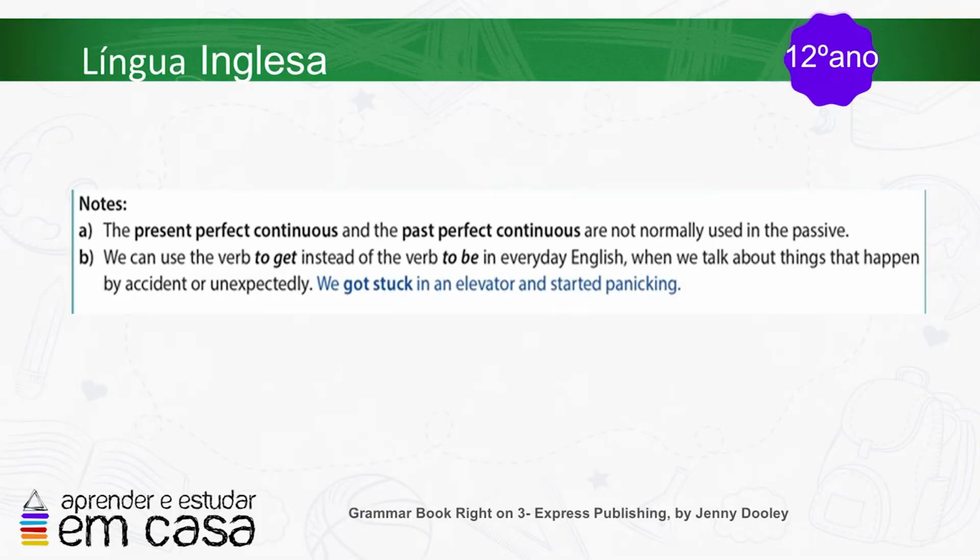So we have here to note. It's very important. So I want you to take notes of these notes. Okay? The notes say the present perfect continuous and the past perfect continuous are not normally used in the passive voice.